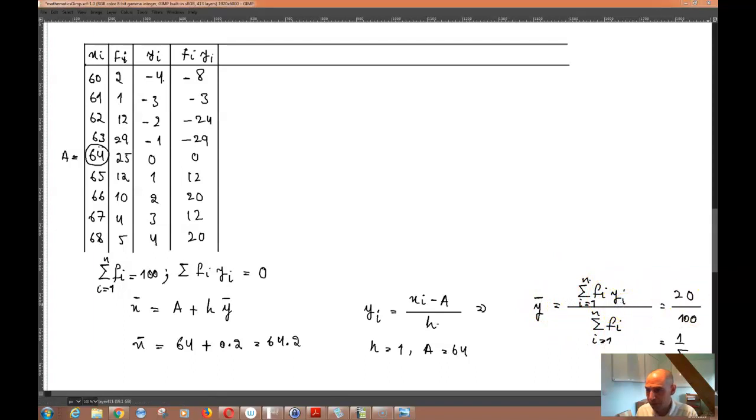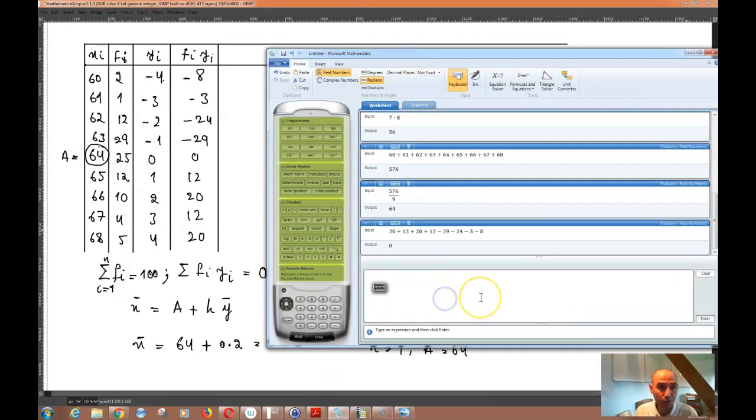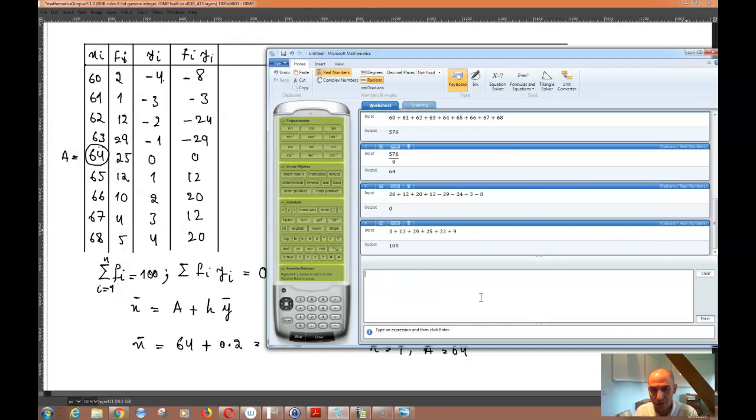So that means that this whole thing becomes 0 divided by... and let me check sigma f as well. Sigma f is 3 plus 12 plus 29 plus 25 plus 22 plus 9, which is equal to 100.